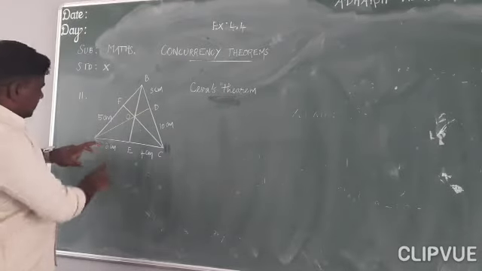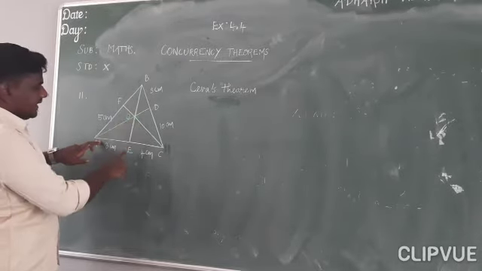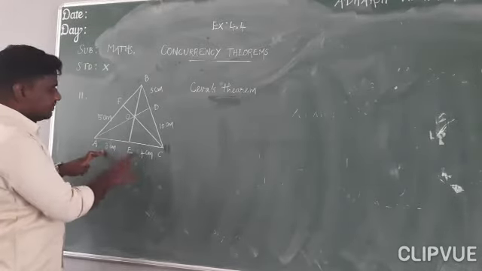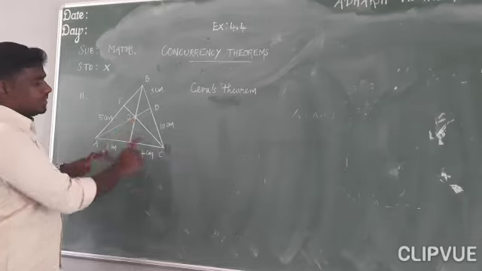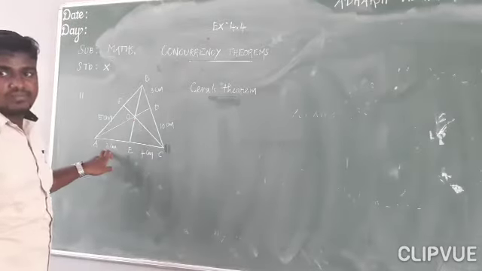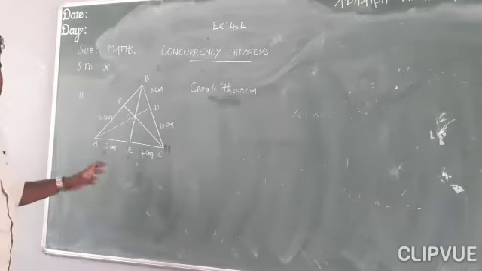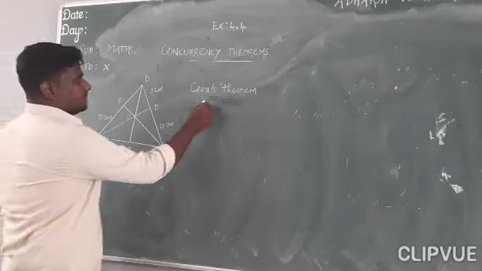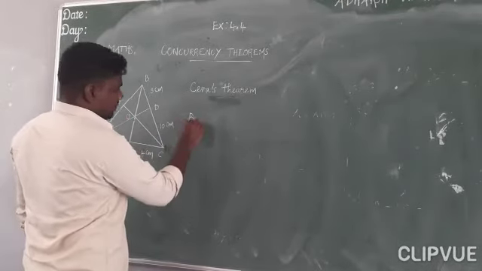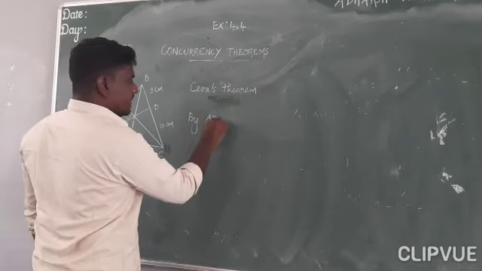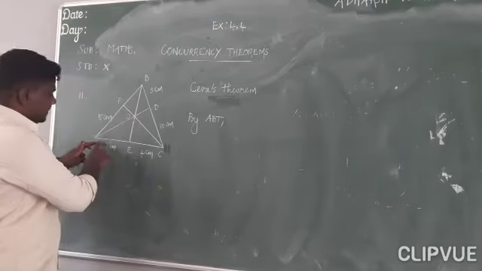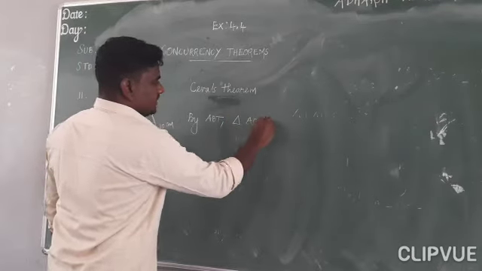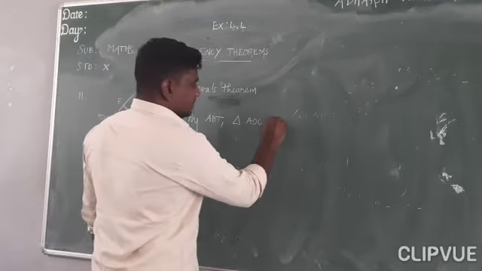So if you take this, OE is the bisector. This means it can be written as AE by EC is equal to OA by OC. By the angle bisector theorem, in the first case, triangle AOC, this OE is the bisector.